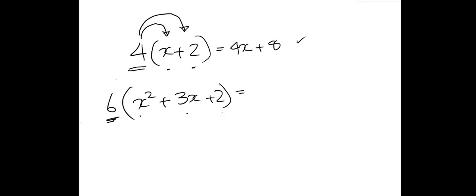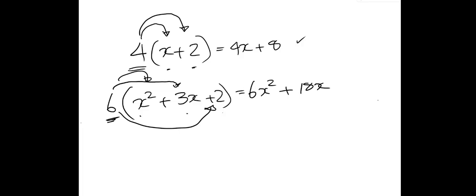So 6 times x squared is 6x squared. 6 times 3x is 18x. And lastly, 6 times 2 is +12. That would be our answer for that.